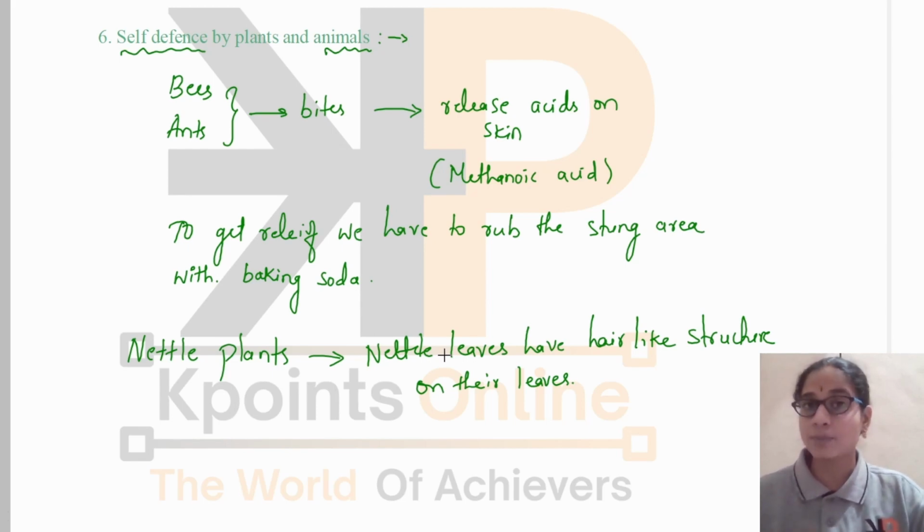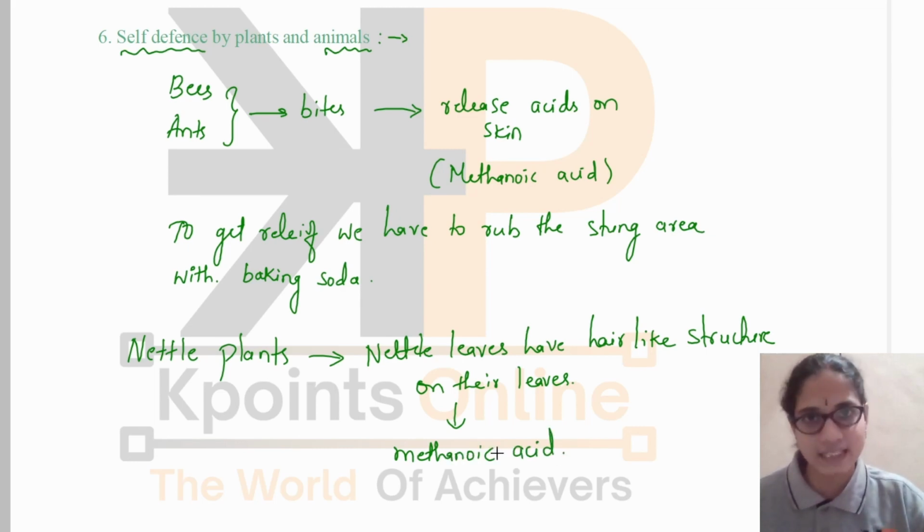Because of that acid getting injected into our skin, we get irritated and also pain occurs on our skin. So we need to neutralize that acid. What they have injected is methanoic acid, and again we have to neutralize this acid.